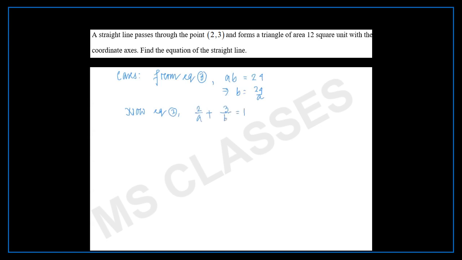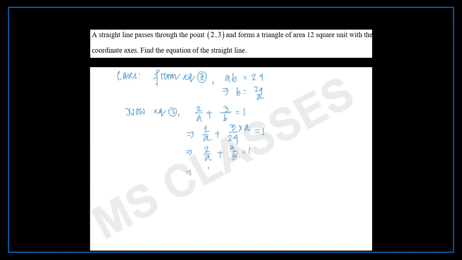Replacing the value of B, 2 by A plus 3 into A by 24 equal to 1. Here 2 by A plus A by 8 equal to 1.